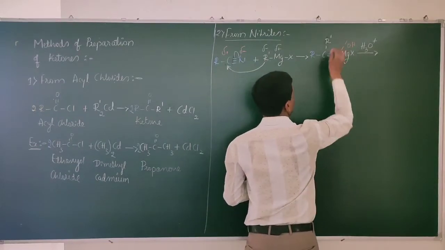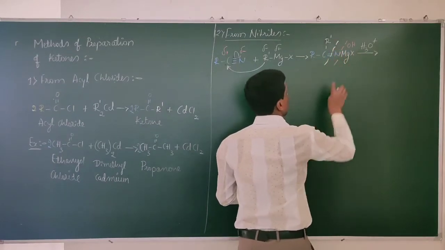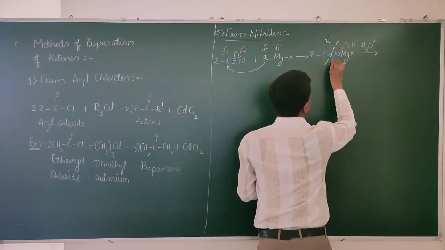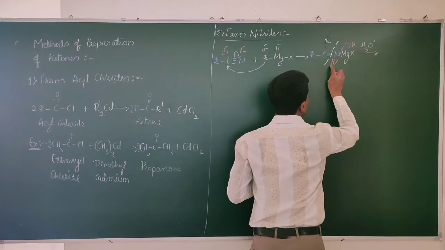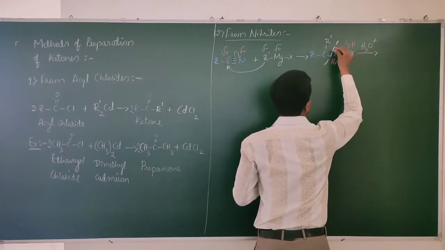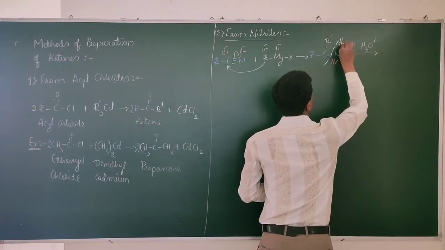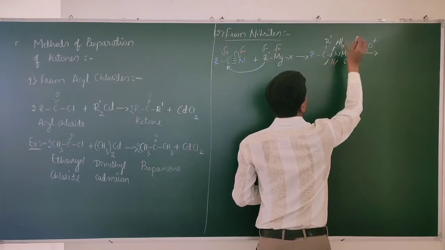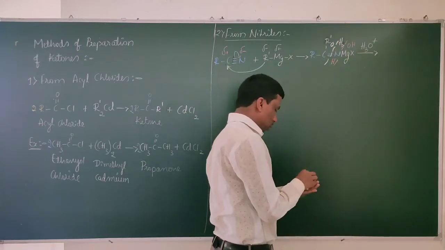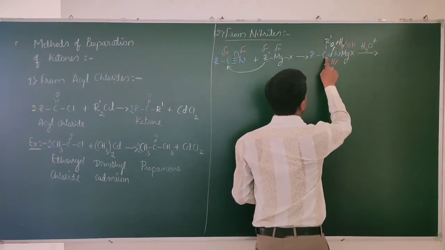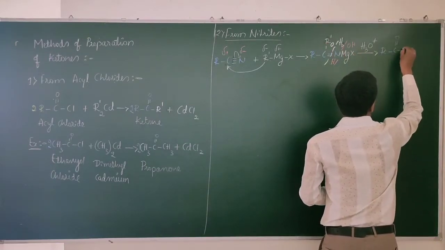One molecule of water: OH and H will be joined here. In another way, in one more water molecule, H2 is joined to this part and O will be joined here. Then we write everything together: R C double bond O R'.